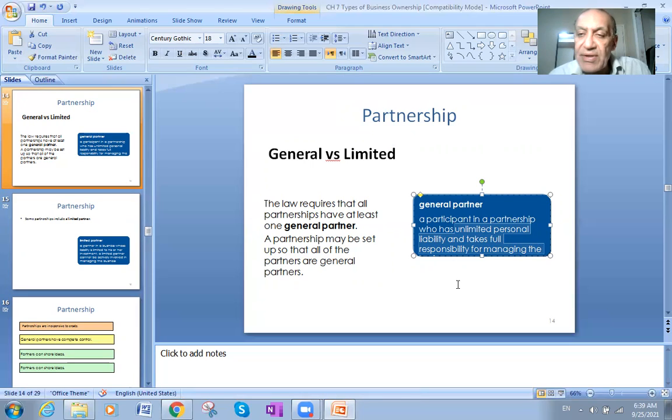He's fully responsible about the business and he's also managing it. He's the one who signs in front of the creditors and debtors, he signs the contracts, and he does this work.